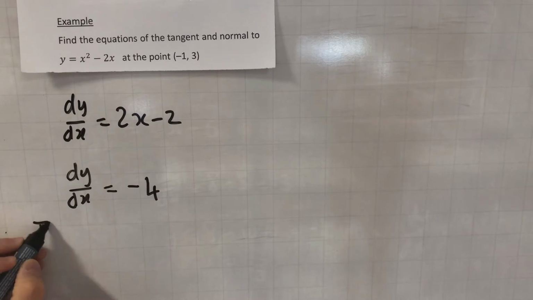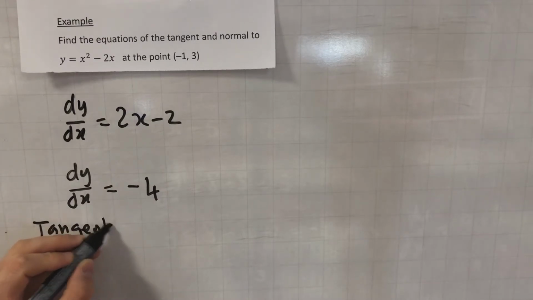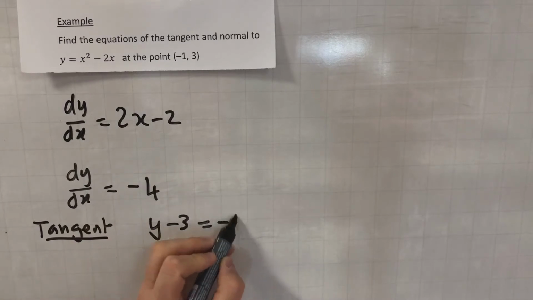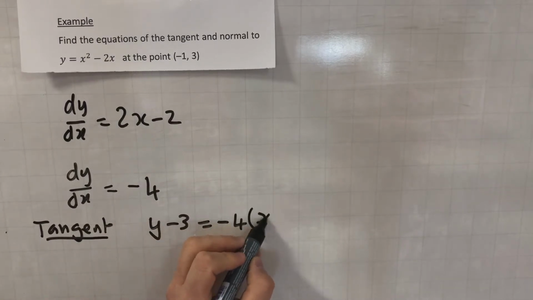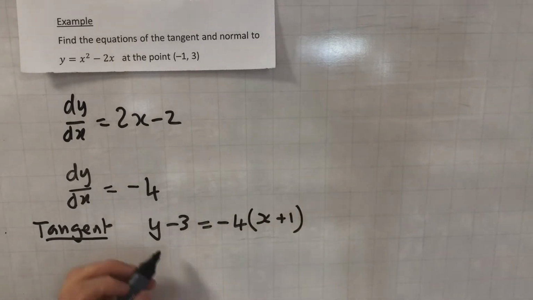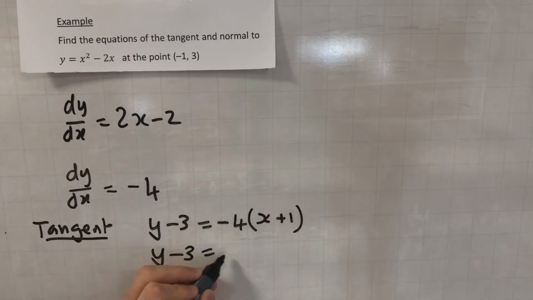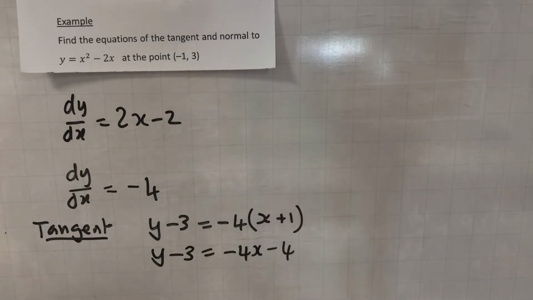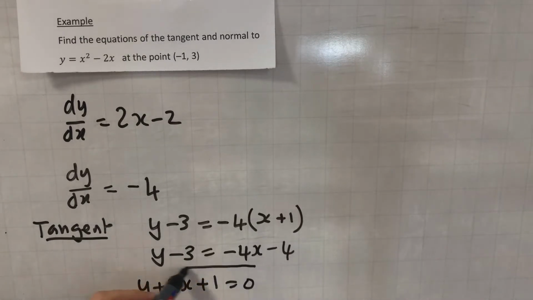So for the tangent, we have y minus 3 will equal the gradient times x minus -1, x plus 1. Remove the bracket. And then, arguably, I'd bring all this over here. So y add the 4x, add 1 equals 0. There is your tangent.